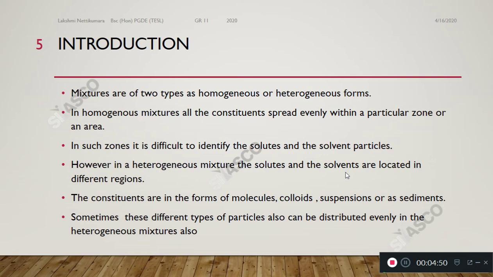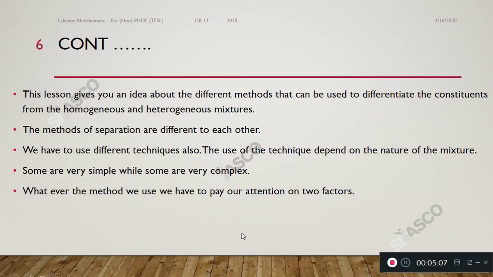I hope you are familiar with these words from the solubility lesson. Sometimes these different types of particles can also be distributed evenly in heterogeneous mixtures. Now these lessons give you an idea about the different methods that can be used to separate the constituents from homogeneous and heterogeneous mixtures.